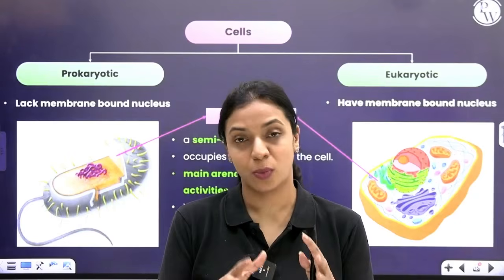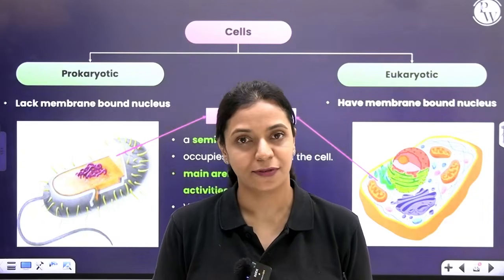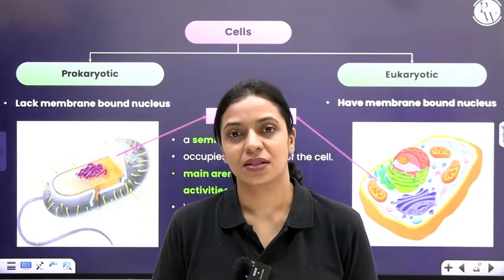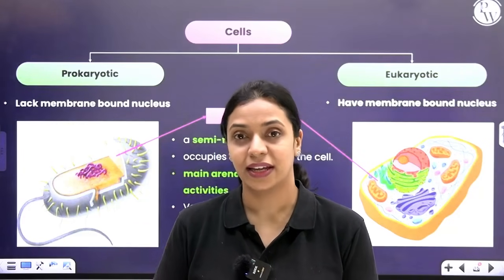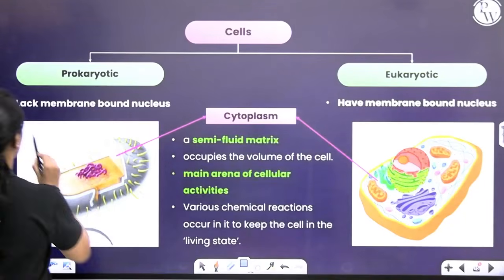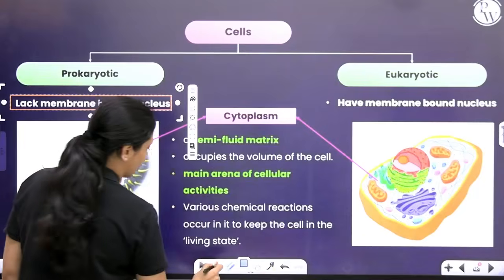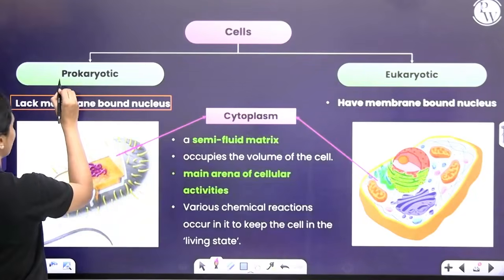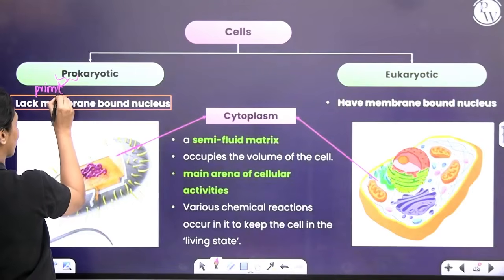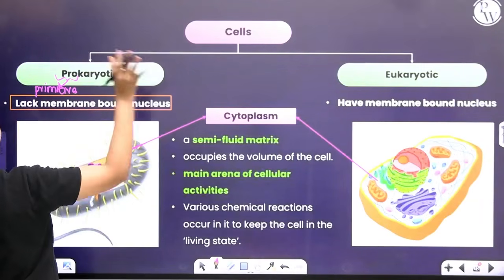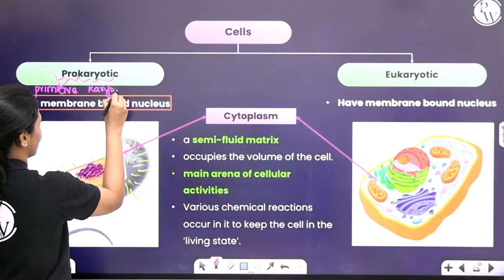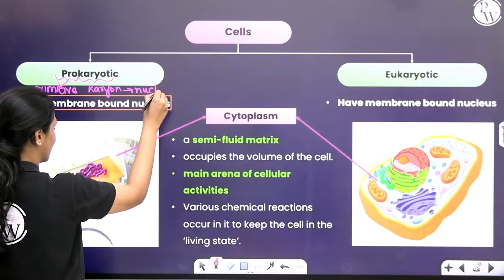So based on this one basic difference, you can classify living organisms into two types. If they are organisms whose DNA is not bound by a nuclear membrane, then we call them prokaryotic organisms. Over here, pro means primitive, ancient, like olden days, like a really ancient type of nucleus. Karyon means nucleus, like a really primitive nucleus.